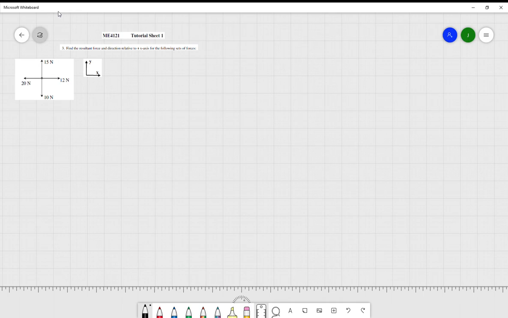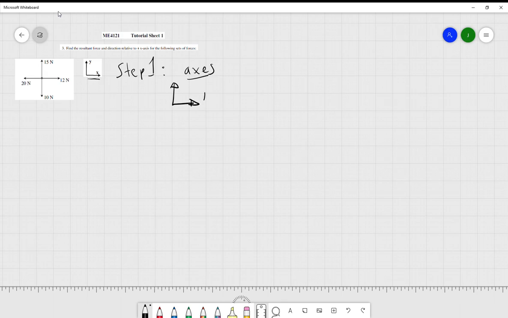For me, the first step is always setting your axes. What do I mean by that? You can see these axes here, x and y. This is technically incorrect, because what I want to know is what is the positive x and what is the positive y, because you'll see in the question, find the resultant force and direction relative to the positive x-axis.